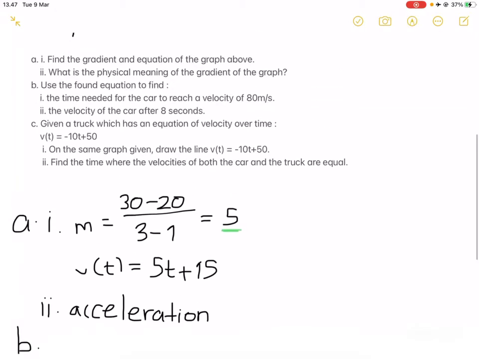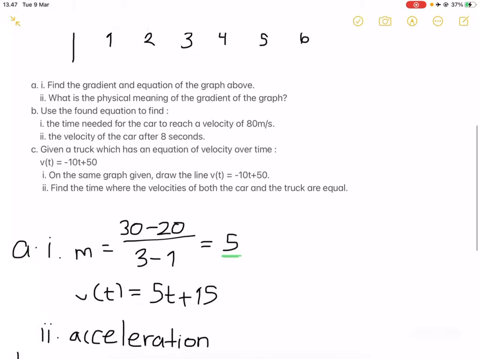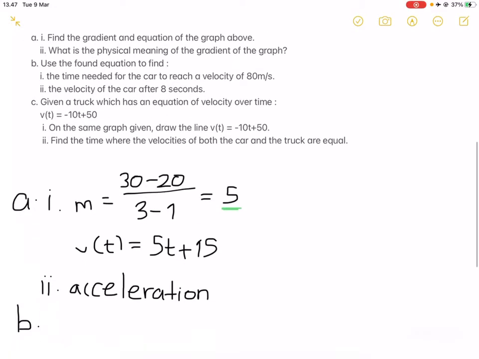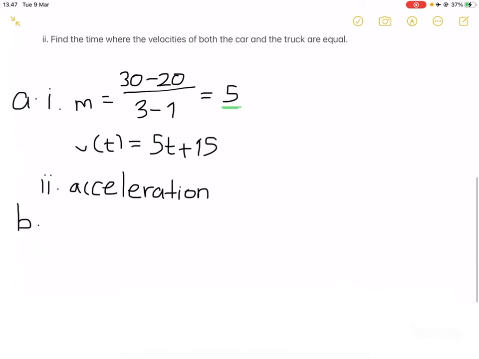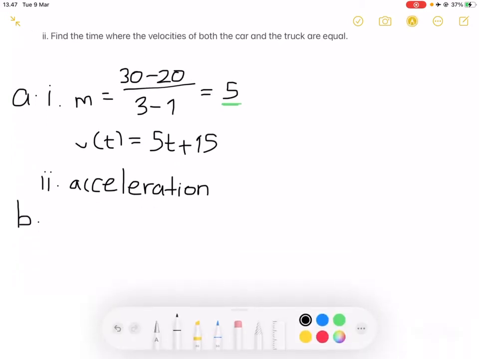Alright, so part B. Use the following equation to find the time needed for the car to reach a velocity of 80 meters per second. You can just substitute v of t to be 80 meters per second. And then solving this, you'll get that t is equal to 13 seconds.